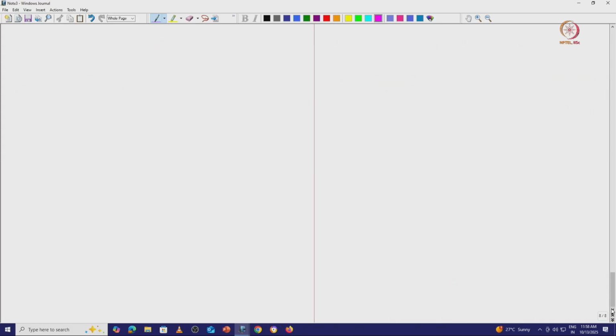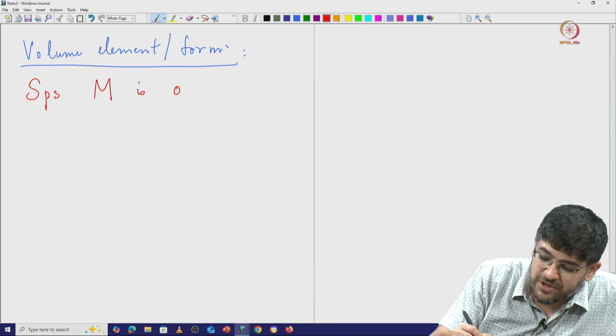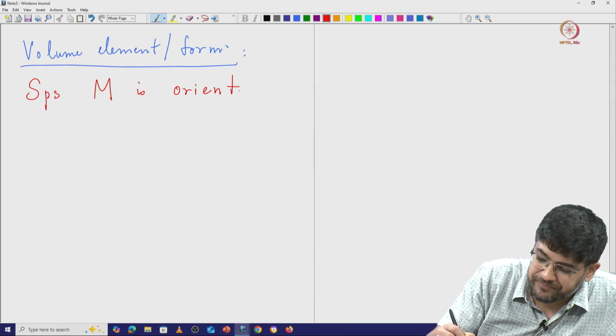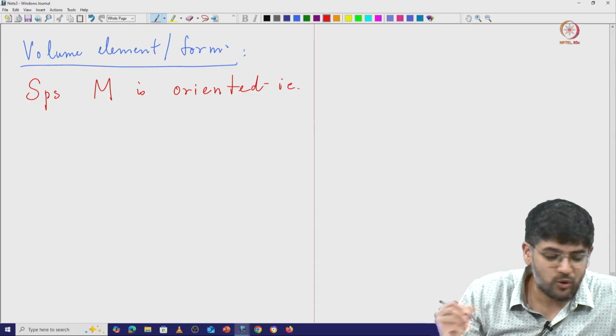The final construction that I want to talk about is that of a volume element or a volume form. Okay. So for this, let me remind you of something that one does in a smooth manifolds course. For at least this part, I am going to assume that M is oriented. Okay, so let me remind you of what being oriented means.